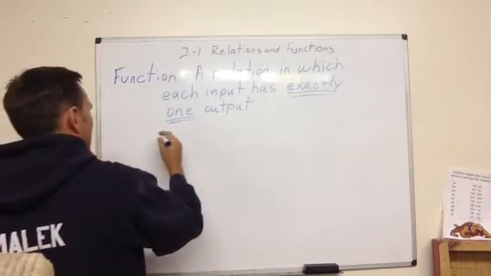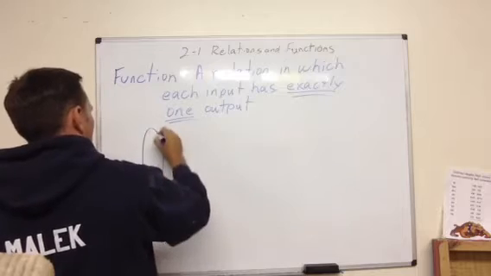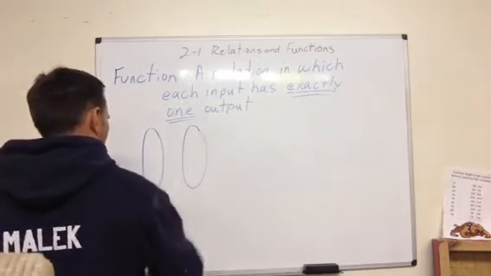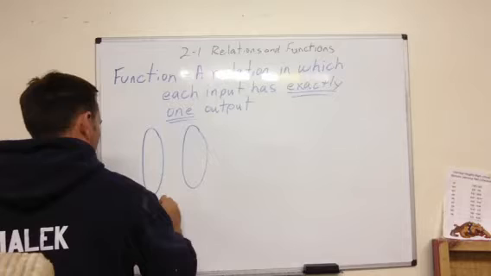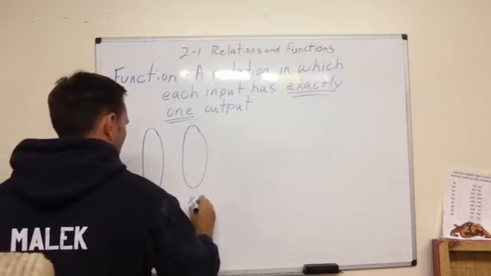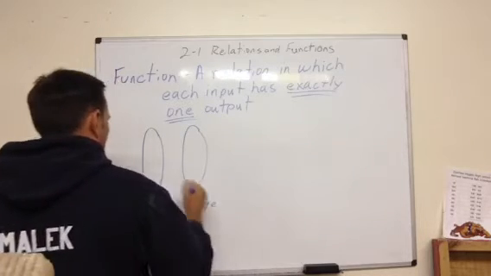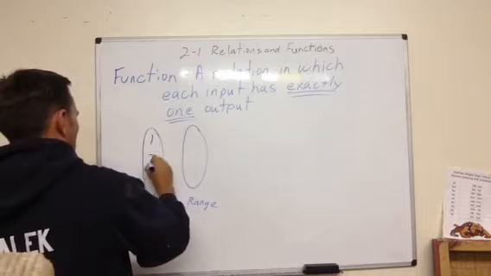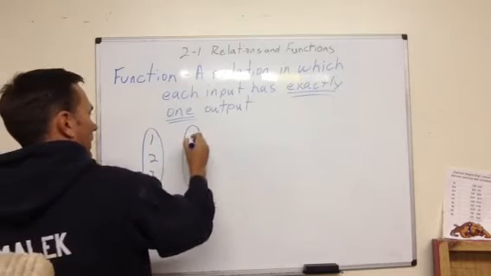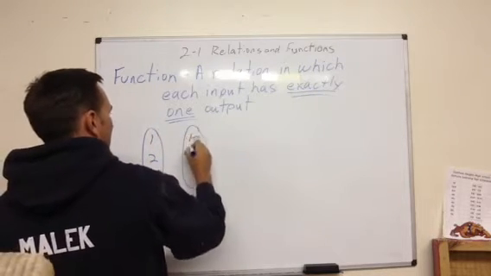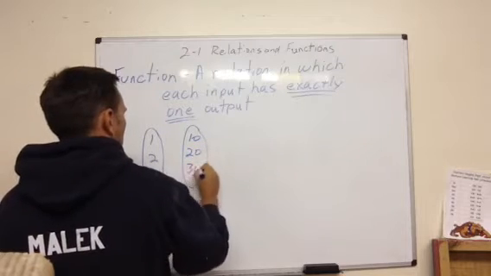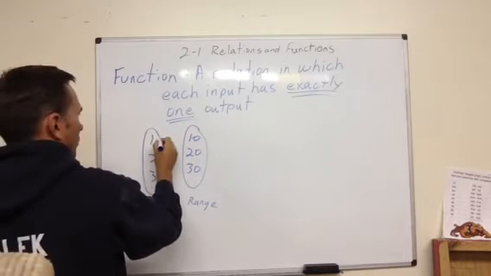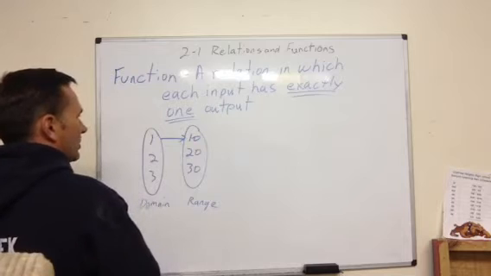So we're going to start by looking at some mappings. Here's our domain on the left and our range on the right. Now I'm just going to use simple numbers like 1, 2, and 3. Over here we'll make it 10, 20, and 30. Let's say we put 1 in our function, we get 10.